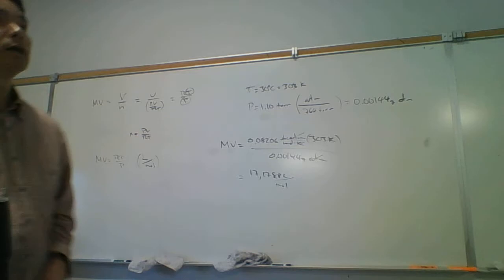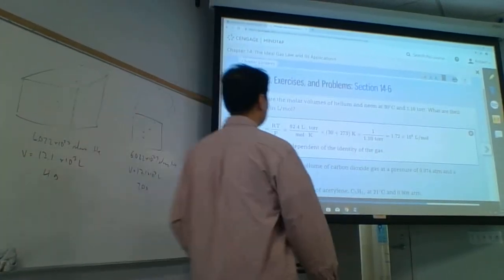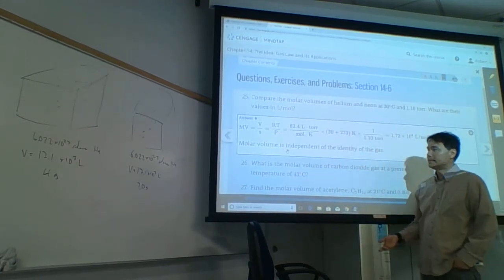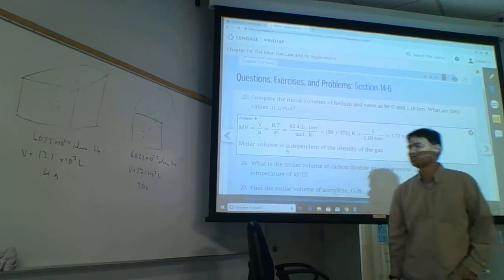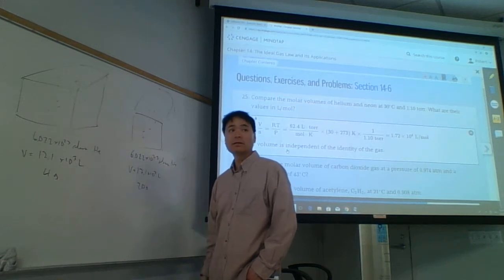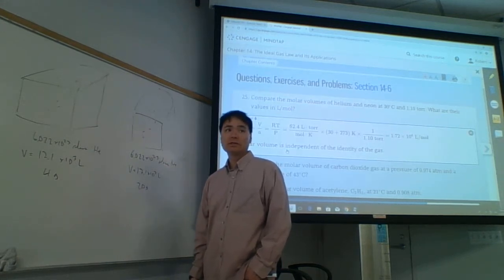So what did they do? They just calculated molar volume and said the molar volume doesn't matter what the gas is. It's going to be the same. The density and weight will change depending on the gas, but the molar volume doesn't change.